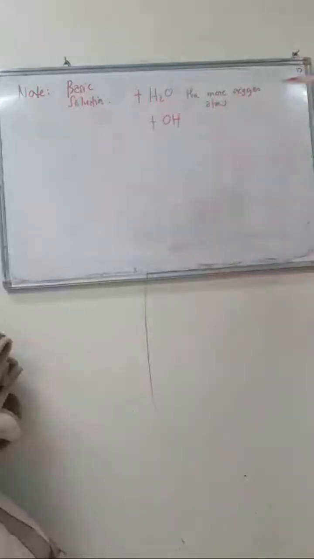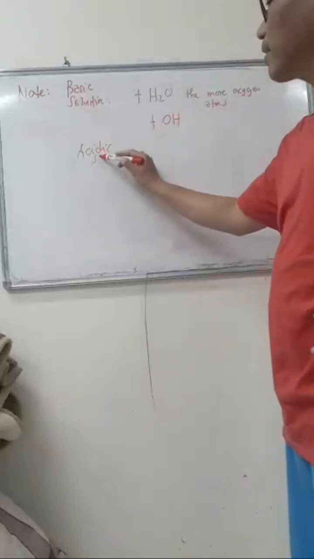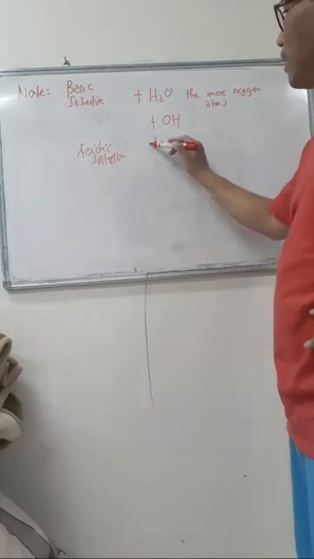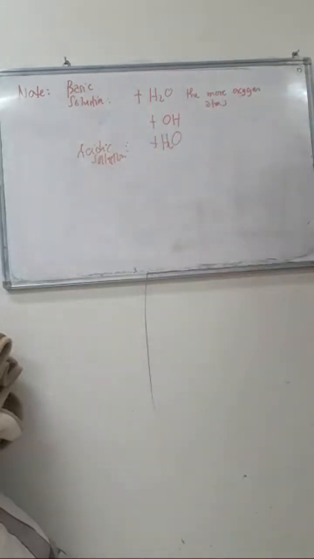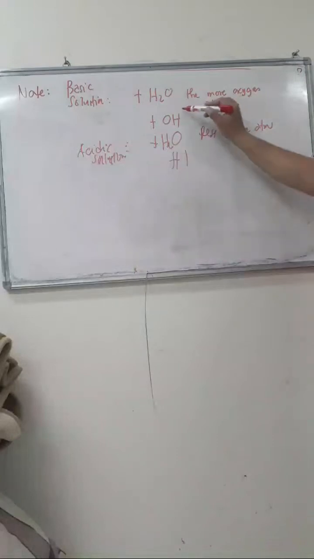In acidic solution, put H2O on the side with the insufficient or less oxygen atoms, and add H plus. This is also OH negative.